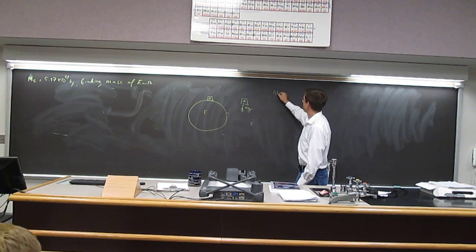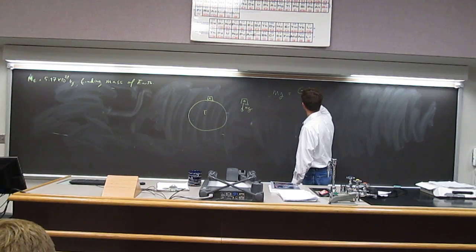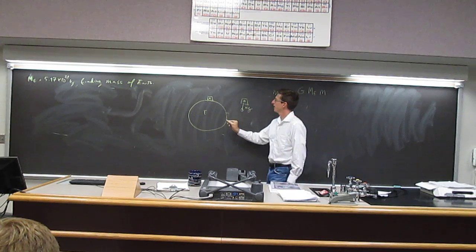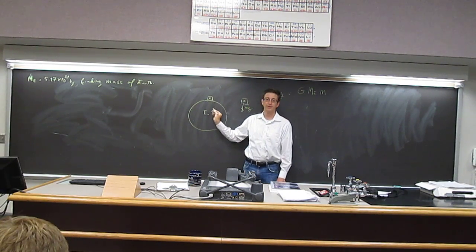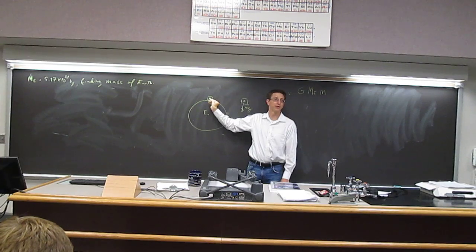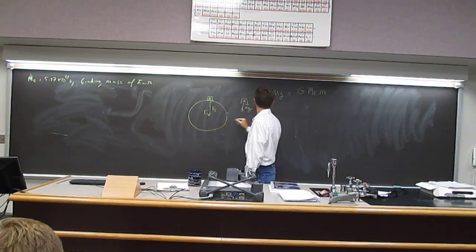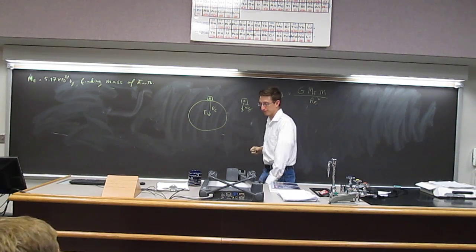So that mg is going to be equal to G, mass of the Earth, mass of the small mass, over the distance. How far away is the distance from here to here? That'd be the radius of the Earth, wouldn't it, if it were on the surface of the Earth? So you have radius of Earth squared.